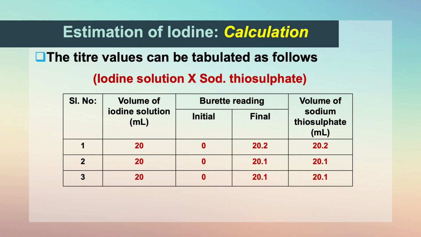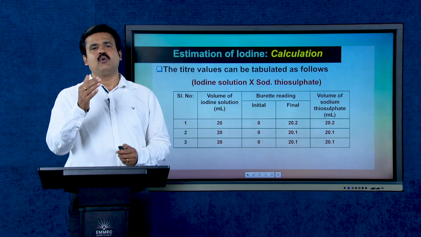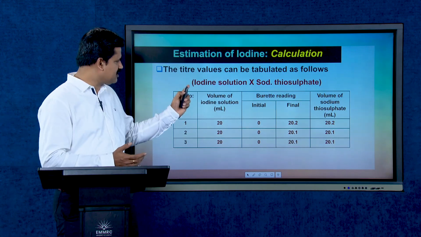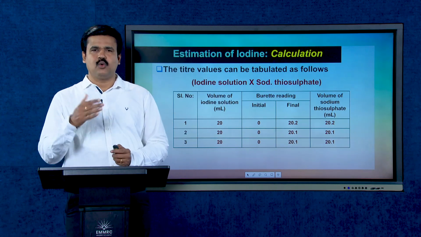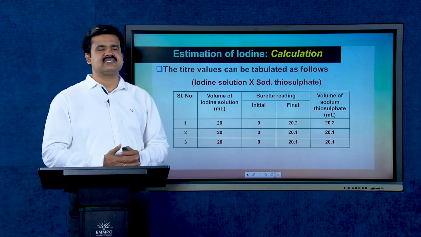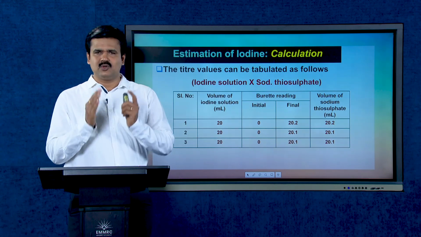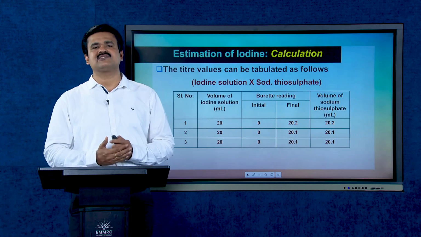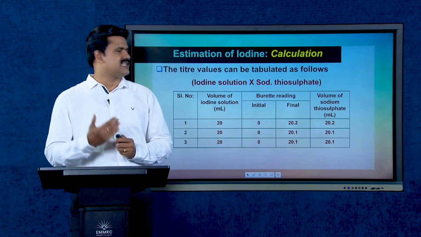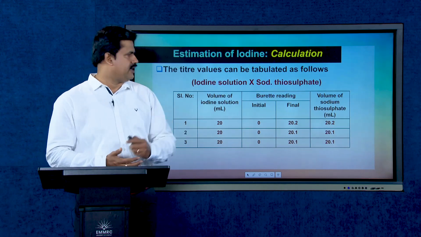That is, the volume of sodium thiosulfate used against the given iodine solution is 20.1. The volume of iodine solution pipetted out is seen in the second column of this chart. That is, the volume of the solution pipetted out is equal to 20 ml. So, we got the concordant value, that is the volume of the sodium thiosulfate solution is equal to 20.1.